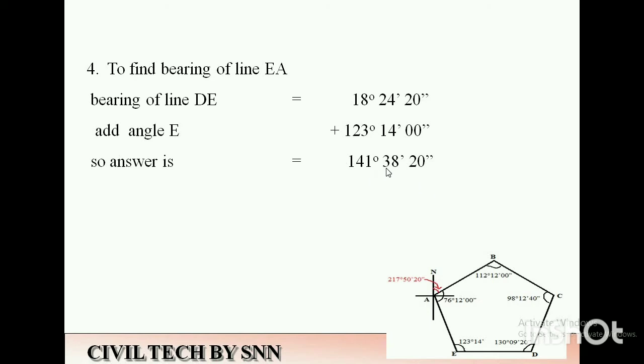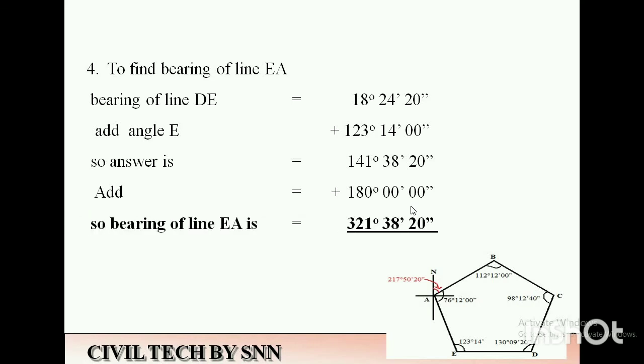So the answer becomes 141 degree 38 minute 20 second. Now this answer is less than 180 degree. So according to our second rule, add 180 to this summation, you will get the bearing of your required line, that is line EA, which is 321 degree 38 minute 20 second.